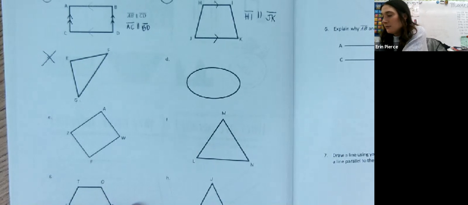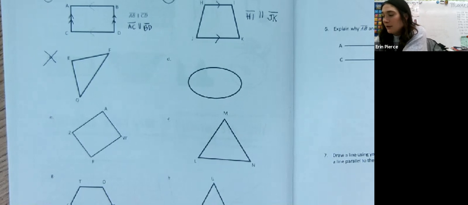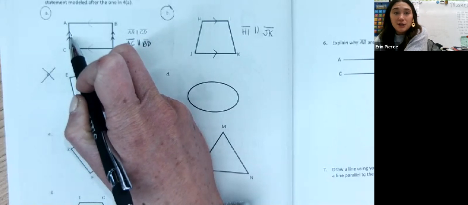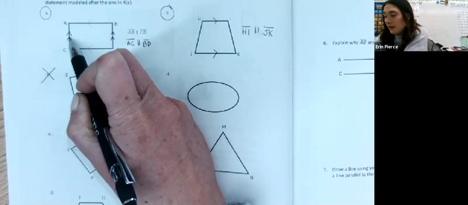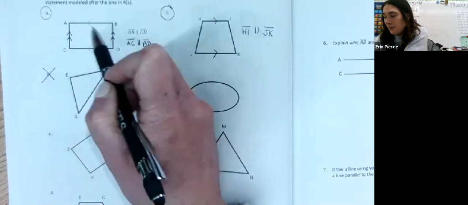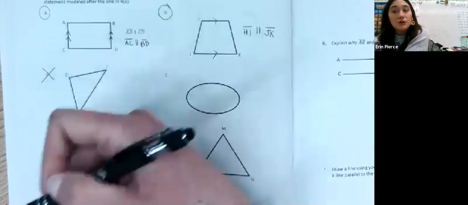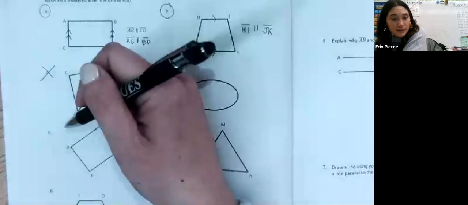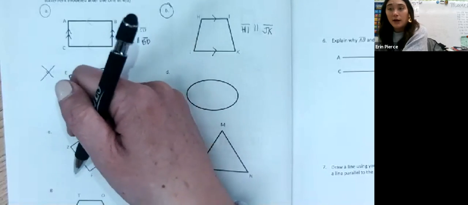I would like you to find as many parallel sides and note them as you can. Remember, you have to find as many on each shape as you can. And for the second set, I put 2 arrows. If there's a third set of lines, I put 3 arrows. If there's a fourth set of lines, I put 4 arrows.